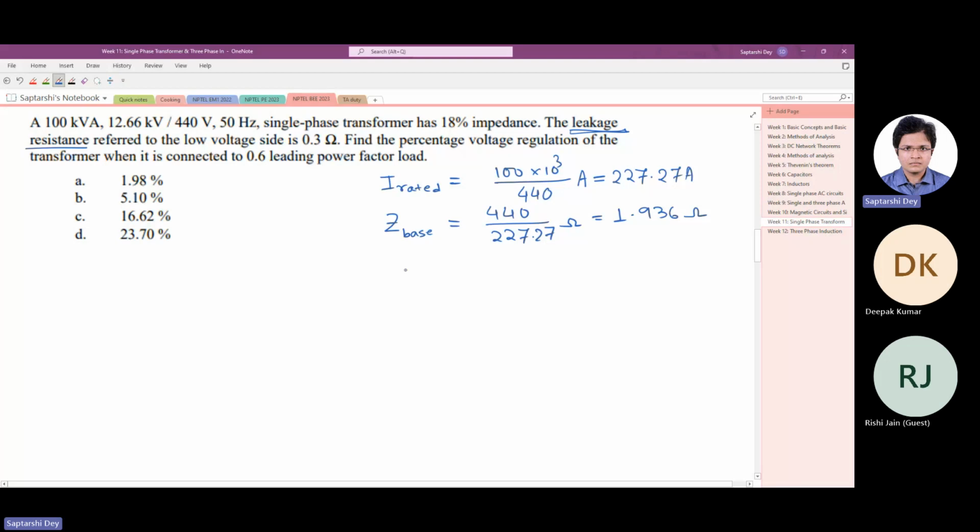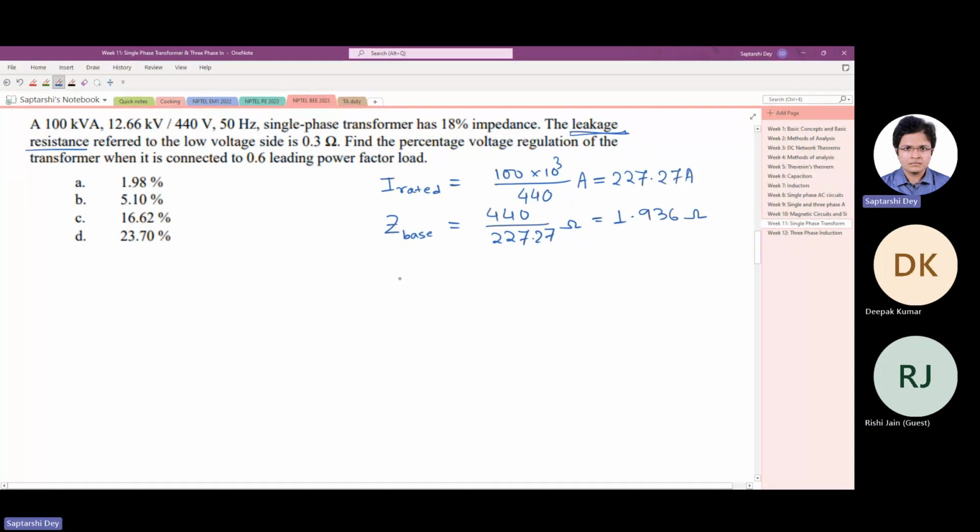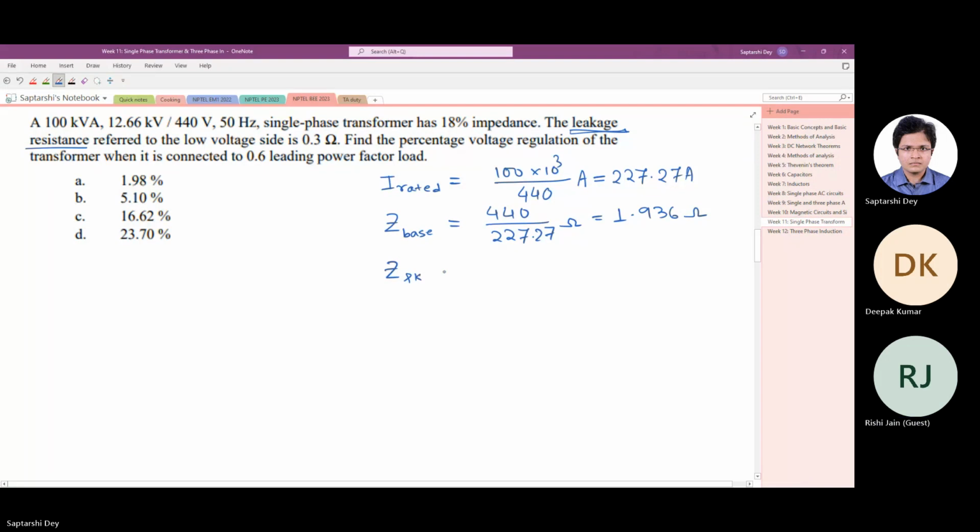Now, once you know this Z base, from here you can find out the total leakage reactance. All of this we are doing at the low voltage side.